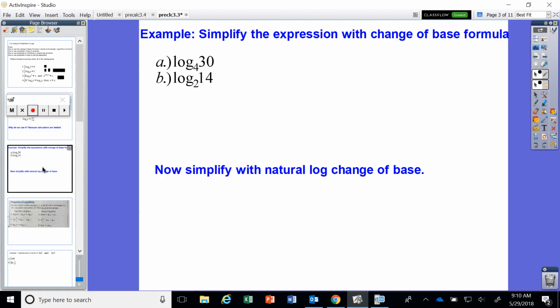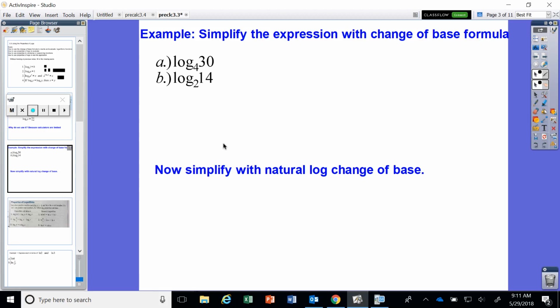All right, so how do we use it? Let's simplify the expression using the change of base methods that we just described here. It says log base 4 of 30. What I want to do, guys, is do both of these with our common logs, and then also do both of them with our natural logs, just to show the comparison between each of these.